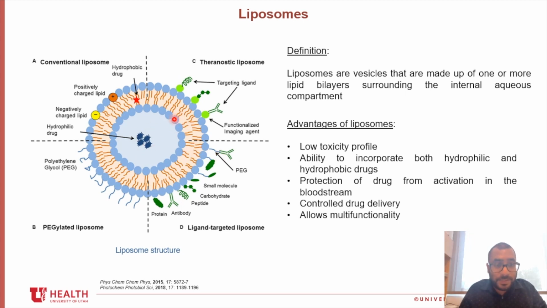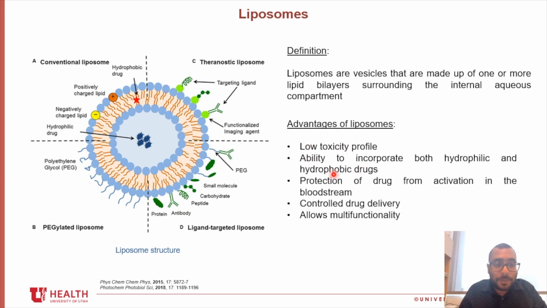So this is a lipid present here. Liposomes are most commonly present in a bilayer form where you can incorporate hydrophilic drugs in the aqueous compartment, or you can also incorporate hydrophobic drugs in the lipid bilayer, because this part is devoid of any water component.